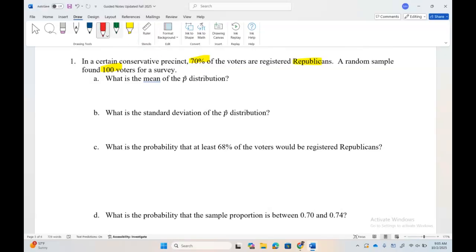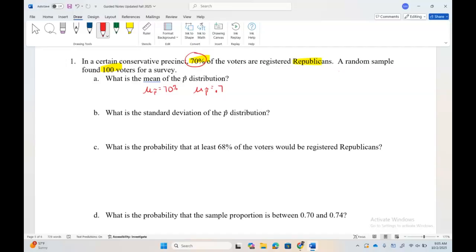So in this information, 70% is our mean, and we're going to say it is 0.7. We're going to use the decimal versions of these percents. So this time it was given to us. We didn't have to do a formula or anything. The information was given to us in the problem.